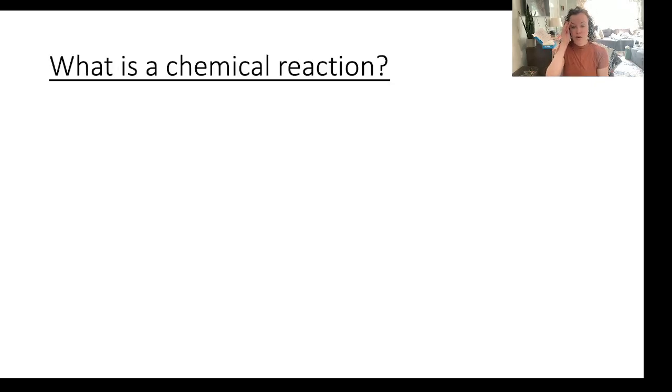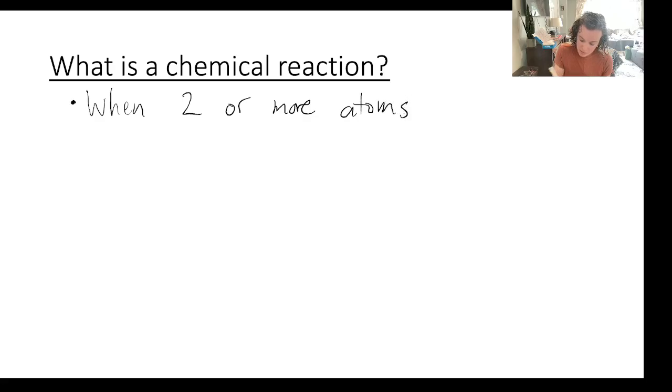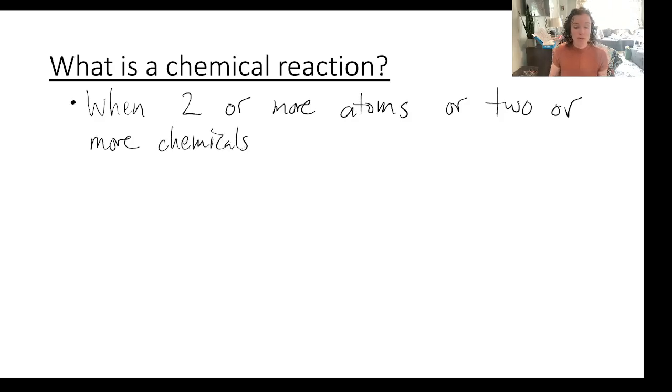So first, what is a chemical reaction? A chemical reaction occurs when two or more atoms, or two or more chemicals, so think something that has many atoms stuck together, make or break bonds.